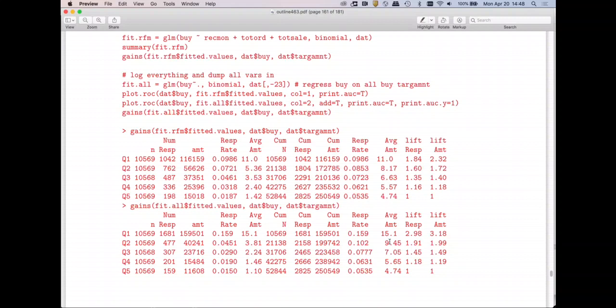If you were to use the model with 20 some variables, you're generating $15.10 per customer in the first decile versus 11. So your revenue would shoot up from 116,000 to 159,000 just because you included more variables in the model.